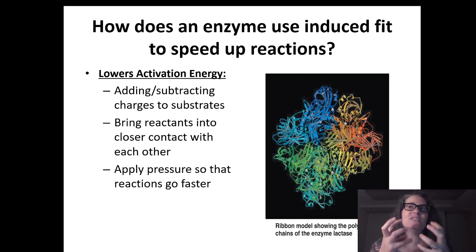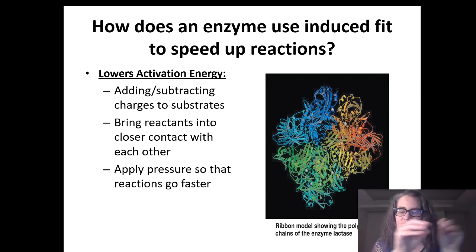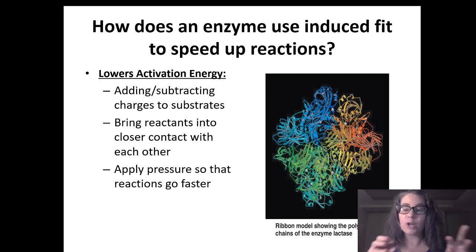Now, how does this induced fit speed up a chemical reaction? When the enzyme is holding that substrate very, very closely, it can be adding and subtracting charges that make a particular chemical react faster. It can also bring reactants into a certain orientation so that they're closer together and can react more easily.